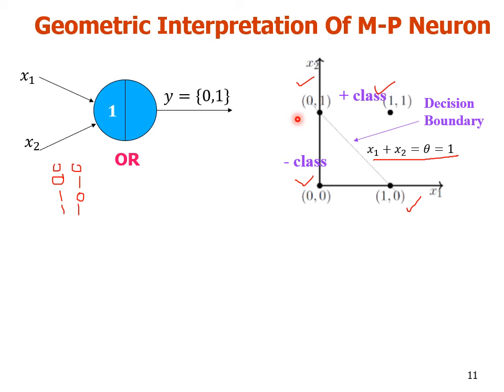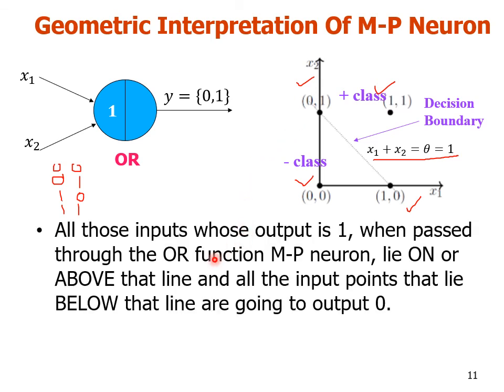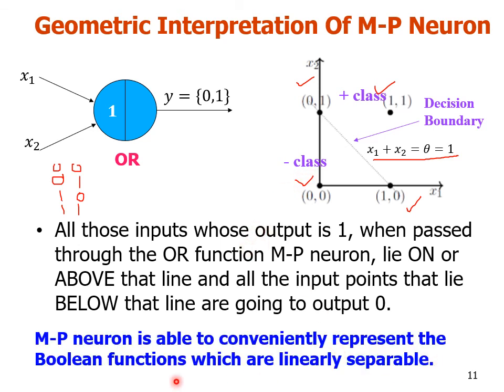Using this graphical interpretation, we may say that all those inputs whose output is 1 when passed through the OR function MP neuron lie on or above the decision boundary, and all the input points that lie below the boundary are going to output 0. Thus, the MP neuron is able to conveniently represent the Boolean functions which are linearly separable.